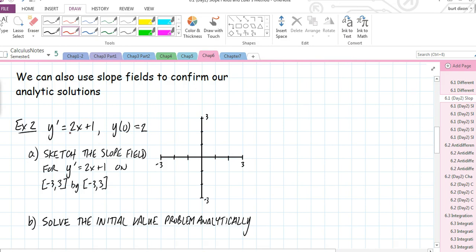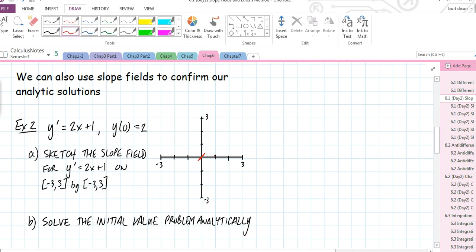Notice that this differential equation gives us the slope in terms of x only. There's no y in this equation. We just have y prime, the derivative or the slope, is equal to 2 times the x value plus 1. So if I'm at the point 0, 0, the slope is going to be 1.